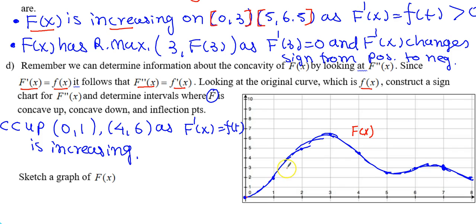I connected them, and you can see that this is relative maximum, f of 3. This is relative minimum, another maximum. On concavity, you can see concave up between 0 and 1, and 4 and 6. So this is what you have to try to sketch the graph.